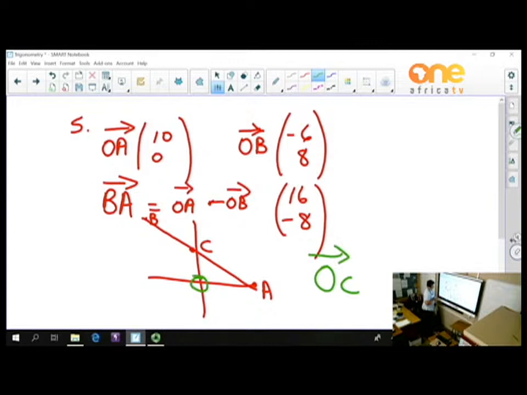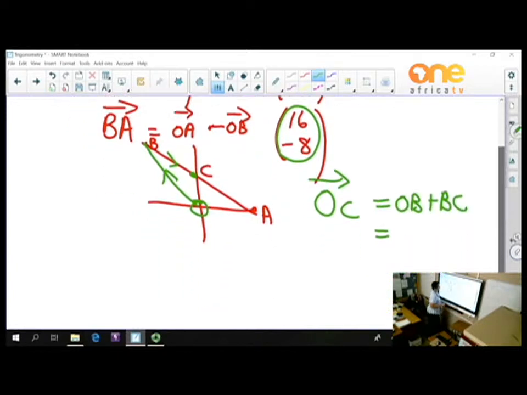Remember, that is O. So how will I walk to get there? I will take the long road there and there. So it is OB plus BC. Do I have BC? No. But I know that C is the midpoint of BA, and here we already got BA. There's BA. So the midpoint will be a half of that one.